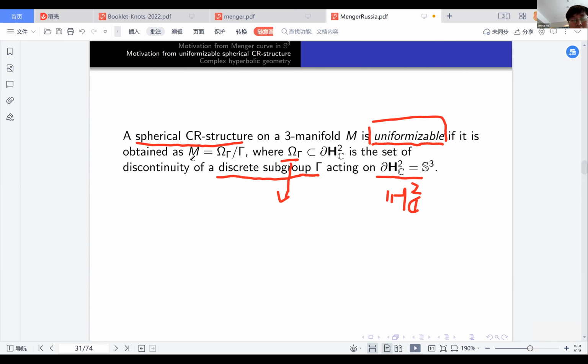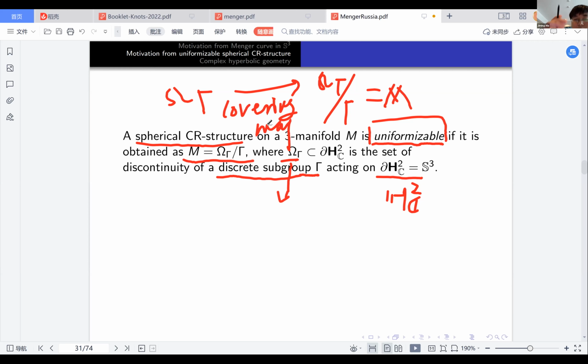Then we have a 3-manifold or 3-orbifold M, which is just omega gamma over gamma, the quotient by the action of gamma. This is the 3-manifold, and here the projection from omega gamma to omega gamma over gamma is a covering map.